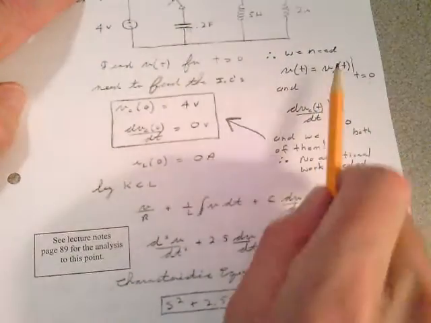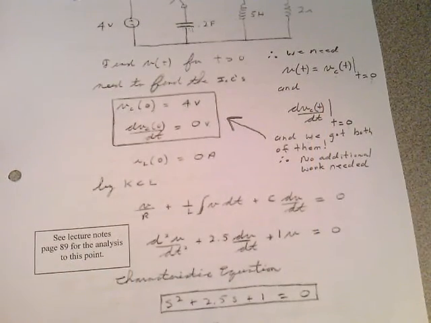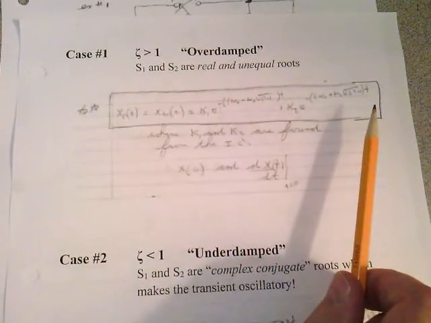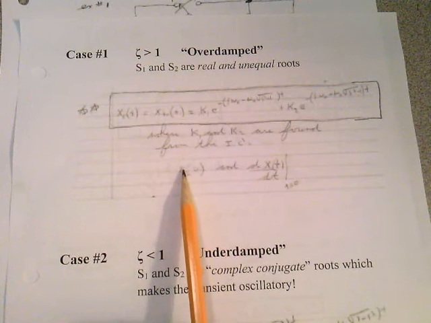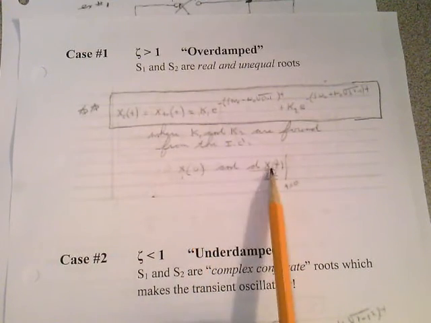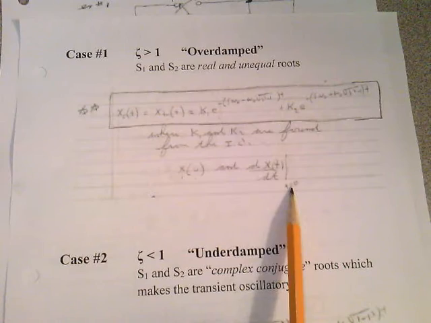Now, why are we looking at that again? Because when we look at the solution to these problems, all of them, once you get the general form, you need to find that value, whether it's current or voltage, depending upon what I'm asking, evaluated at 0, and the derivative of that value evaluated at t equals 0.